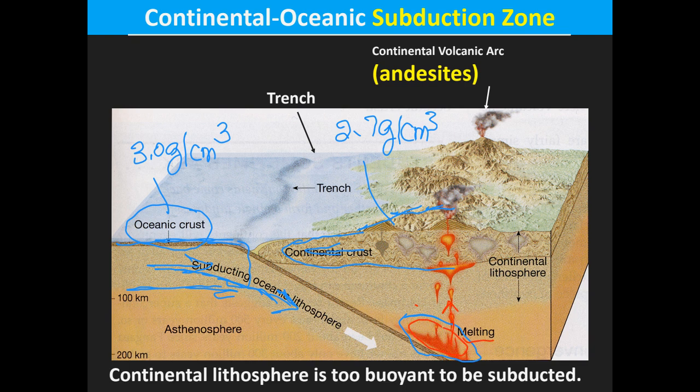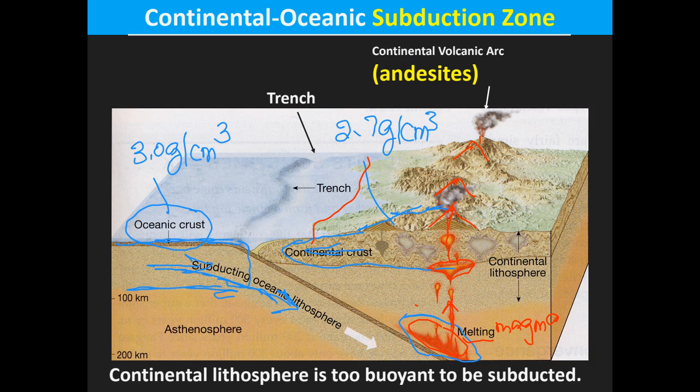They move up to a certain level. They might stop here for a while. They might stop forever. They might probably move up, and then finally they erupt as a volcano. And that's why we have volcanoes here along the coast. This is the coastline right here, and you have volcanoes along the coastline.